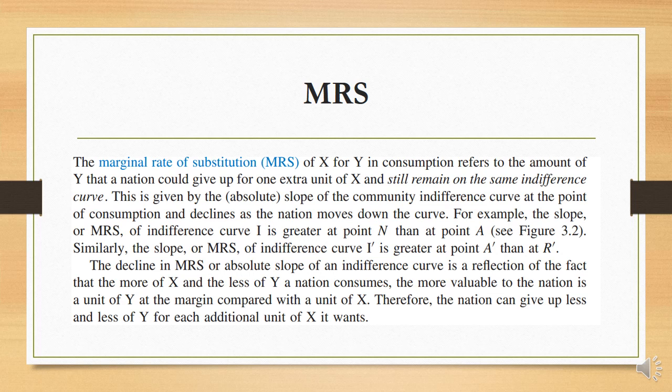The decline in MRS, or absolute slope of the indifference curve, reflects the fact that the more of X and the less of Y a nation consumes, the more valuable to the nation is a unit of Y at the margin compared with a unit of X. Therefore, the nation can give up less and less of Y for each additional unit of X it wants.